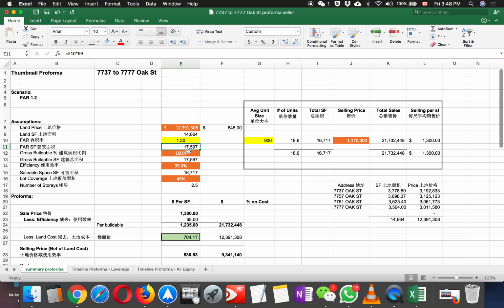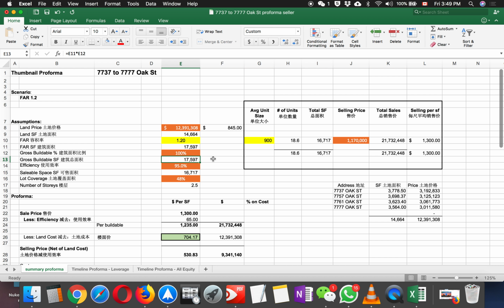Okay, so essentially buildable, this right here, is land cost. This essentially means, based on the fact I can build 17,597 square foot, how much is the land cost per square foot that I can build?